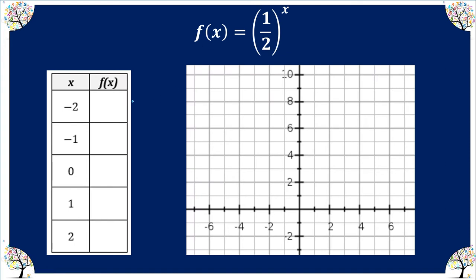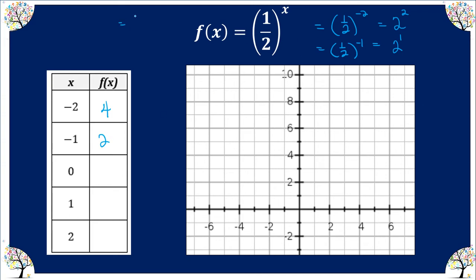Okay, now let's take a look at where we have a base that's 1/2. And so when we plug in -2, we reciprocate and we get 2/1, or just 2 raised to the 2, so that's 4. And then when we have 1/2 raised to the -1, we reciprocate and we have 2.